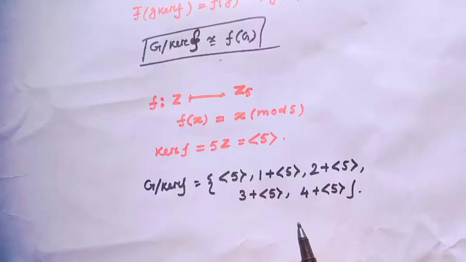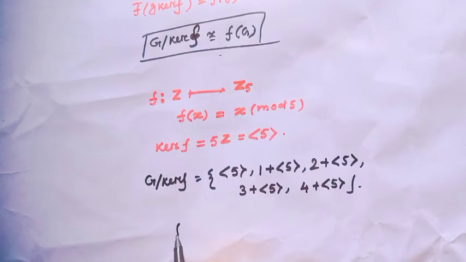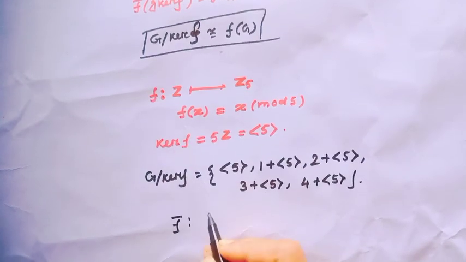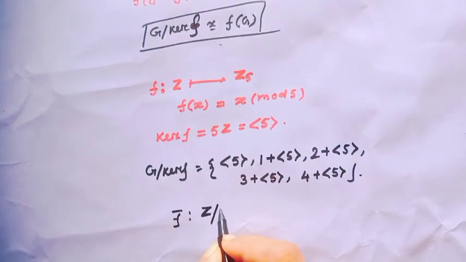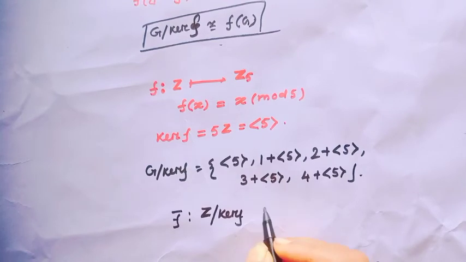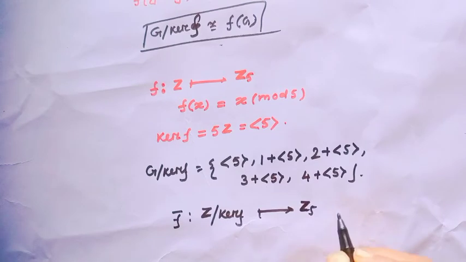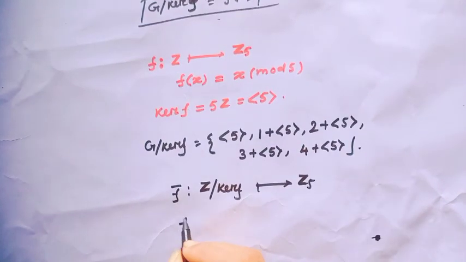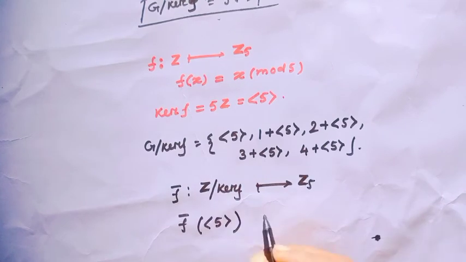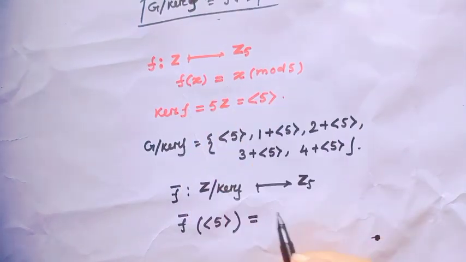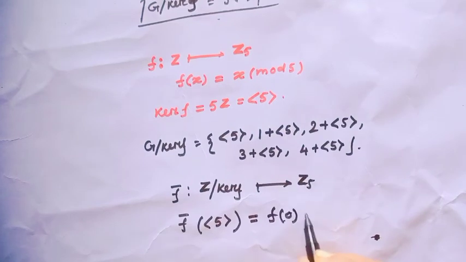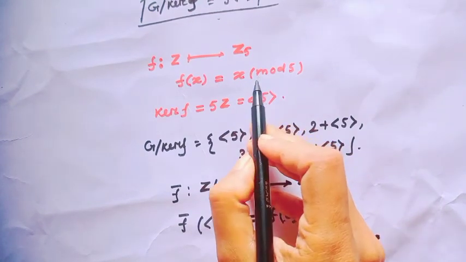Then we can construct a map f bar from Z mod ker f to Z5, such that f bar of the cyclic subgroup generated by 5 equals f of 0, which equals 0 by this construction.